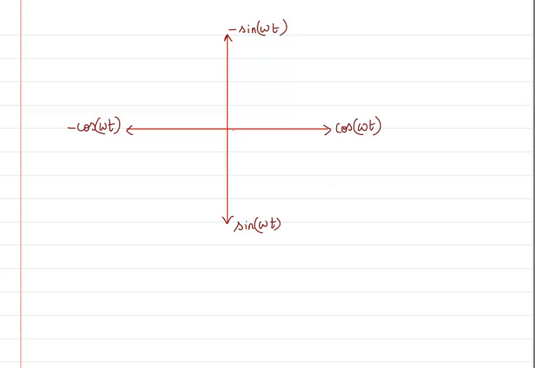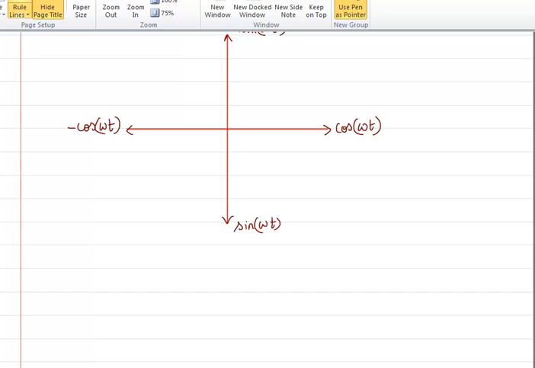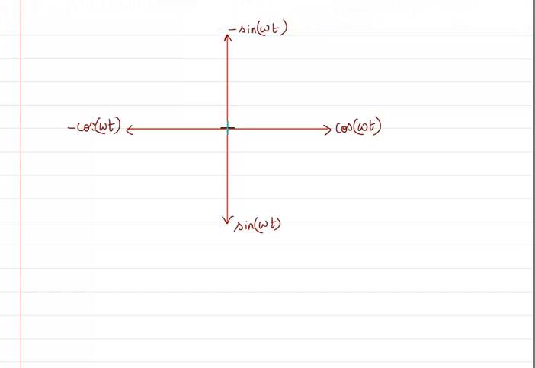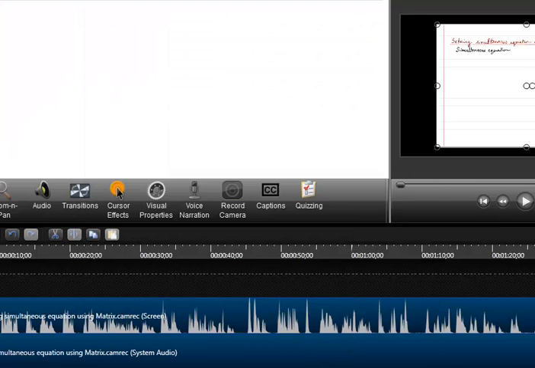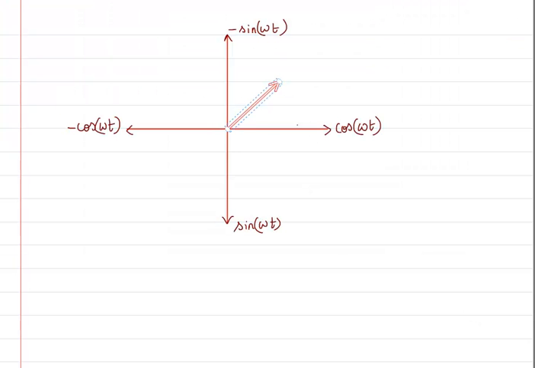And the equation, let's say pi cos omega t, is always represented with the help of a phasor. What is a phasor? A phasor is something like an arrow which is rotating in the anti-clockwise direction, like this.